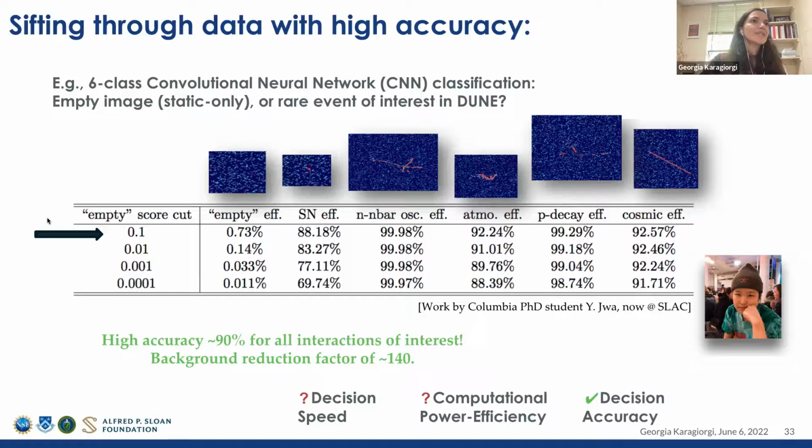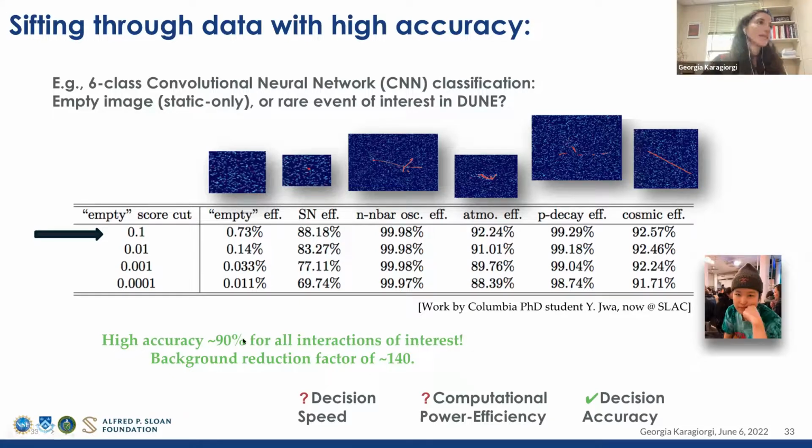And what we found is that by training such a CNN on 6 classes and applying a cut on the empty class score, with an increasingly stringent cut you could reject a lot more of the empty frames while still maintaining a fairly high efficiency for all your rare events of interest: the proton and neutron decay events, the atmospheric neutrinos, and even individual supernova neutrino interactions.